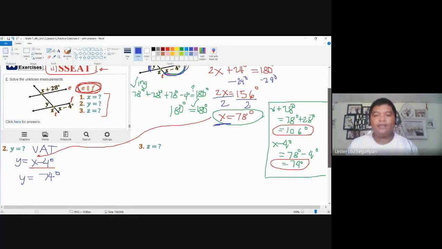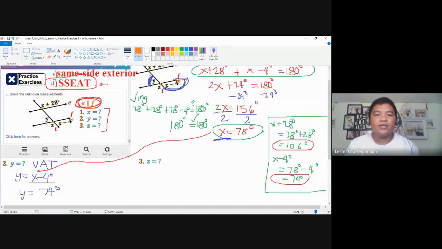As for z, we may use the relationship of y and z. But if we have committed a few errors in solving for the value of y, we could bring that error into solving for the value of z. So let us not use that. What we could use here is to pair this angle with variable z to an angle with the variable x.